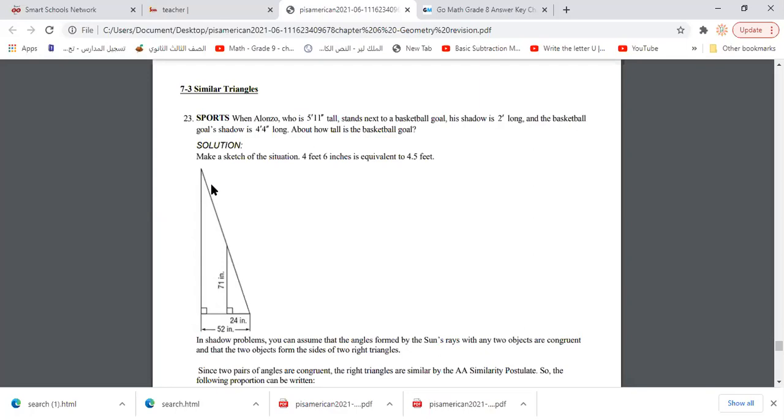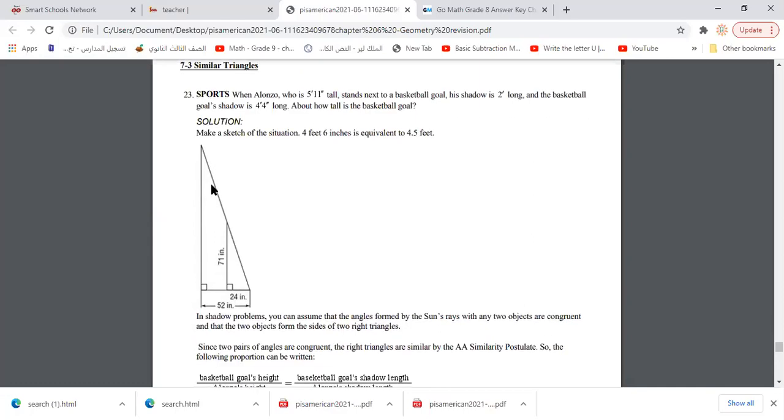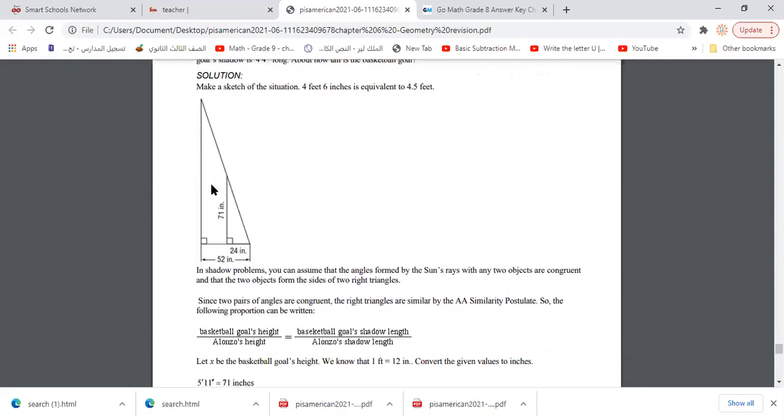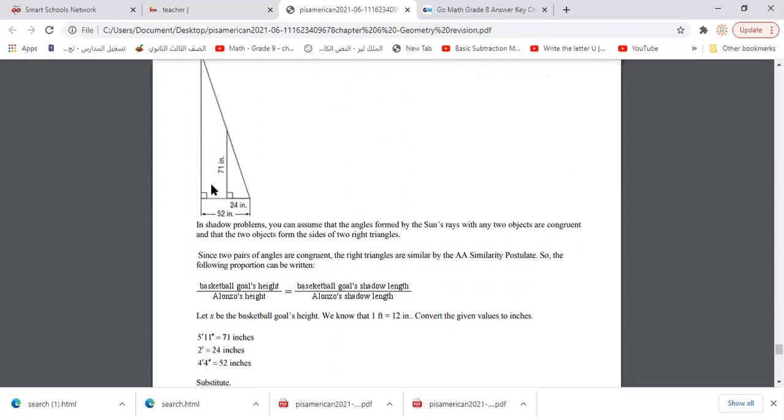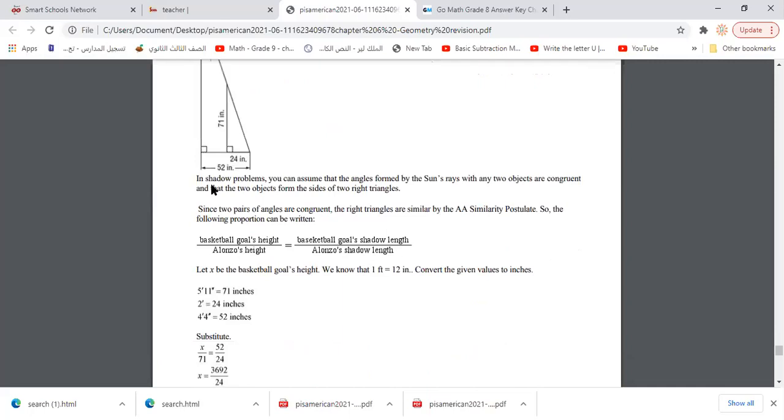How can we prove that those two figures are similar? By angle, because we can note that we have two corresponding angles and a common angle, so we can prove that those two triangles are similar by using angle. Also, the only part you will find in this question is to convert.